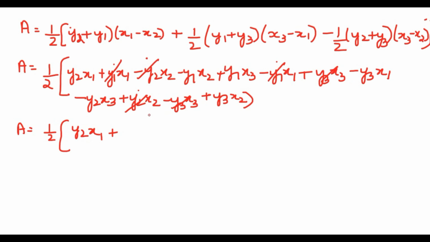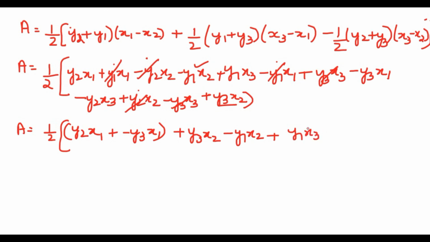So we have y2 x1 again minus y3 x1. Again I am going to group the terms with x2. So I have here minus y1 x2 and another term with x2, here I have y3 x2. Again the last one is with x3, y1 x3 minus y2 x3.